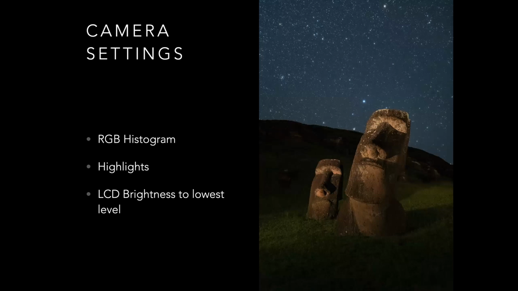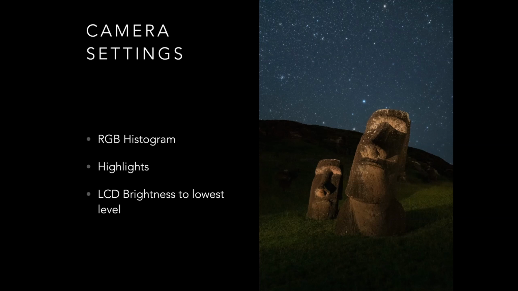You also want to be very comfortable with looking at your histogram. When you're working on a night exposure, you don't want to be just looking at the back of the LCD to determine whether you've nailed it or not. Use that histogram, because that's going to give you a good sense of what you're actually capturing. Now, the night histogram is different than a day histogram.